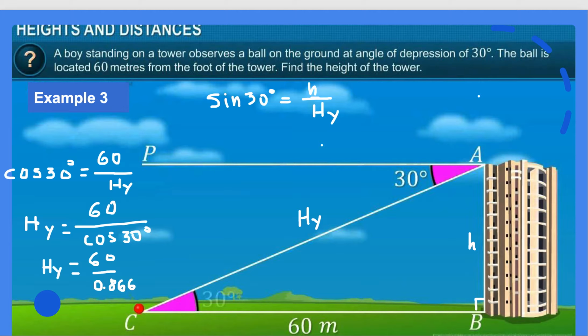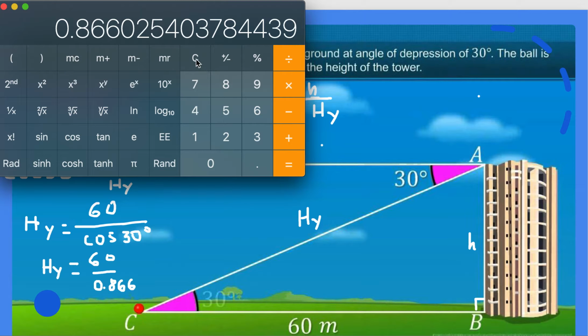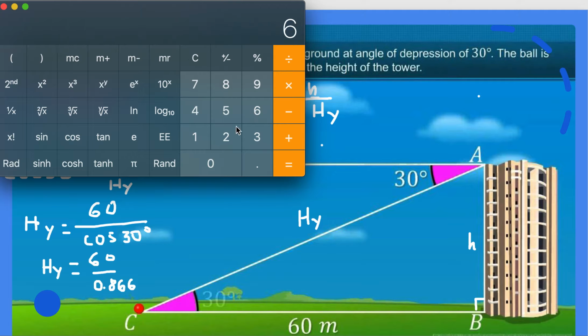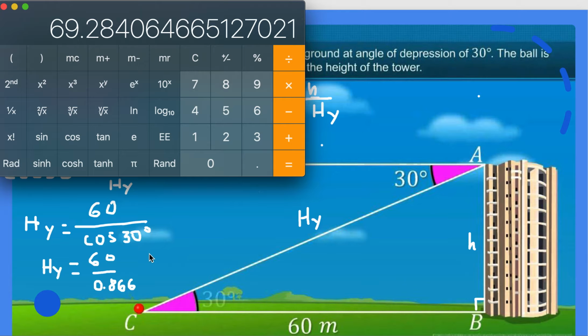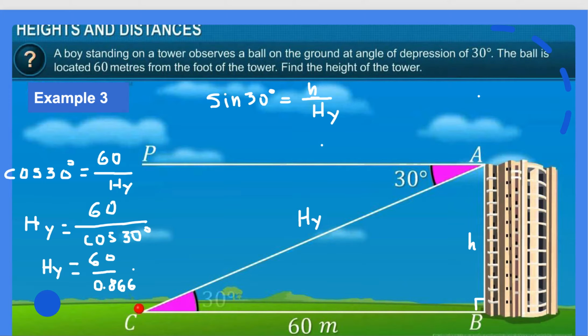When we divide 60 by 0.866, we are approximating because the number has a lot of decimals, and approximately we get 69.28.